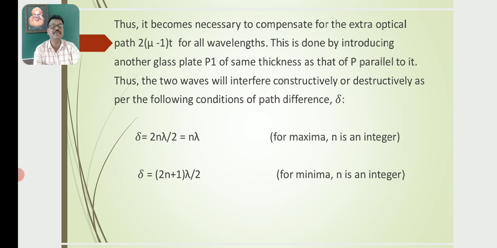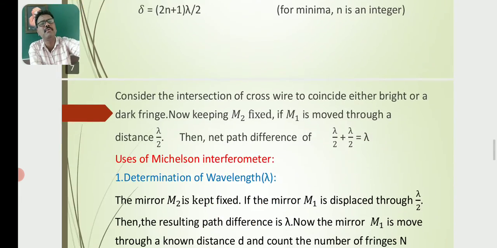For maxima, n can take the value 0, 1, 2, 3, 4, and so on. Similarly, for minima, delta is equal to (2n plus 1) lambda by 2, where n can take the value 0, 1, 2, 3, 4, etc. So these are the conditions for a minima and a maxima in the interference obtained in the Michelson interferometer.